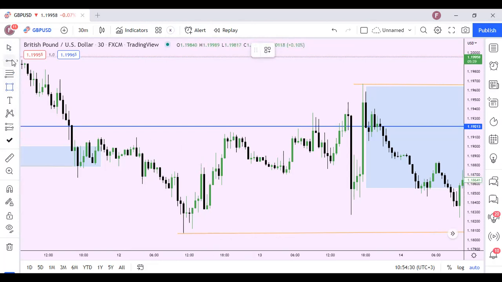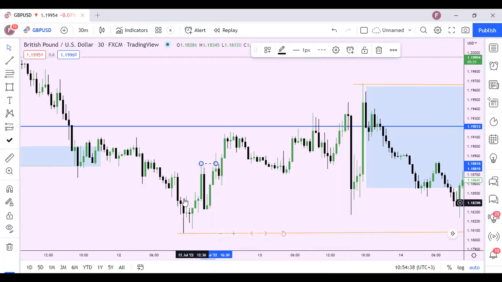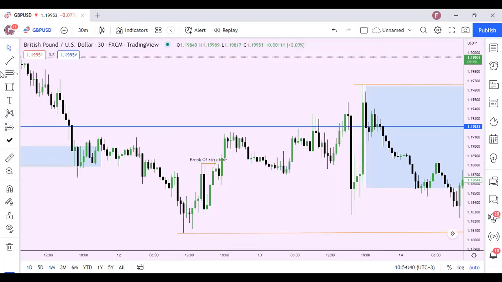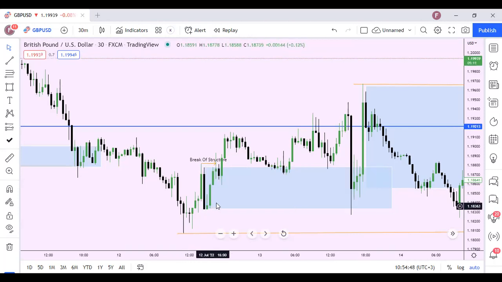Yeah, this high was broken. So we had a break of market structure here, break of structure, and then the last bearish candle before the bullish movement is this. This is the last bearish candle before this bullish movement that caused what? A break of market structure. And this one will be our order block.